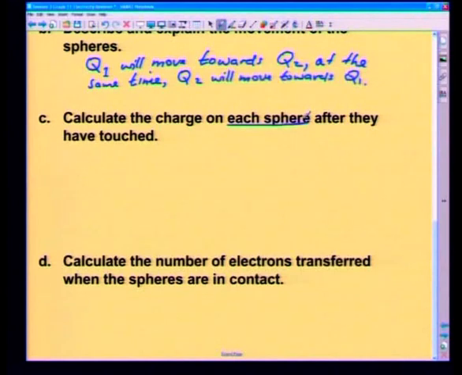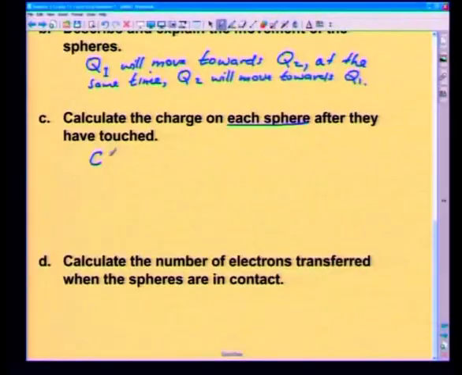So if we were to calculate the charge on each sphere after they have touched, we need to add the two charges together first and divide by 2 because we've got two spheres coming into contact with each other. The resulting charge will be given by Q1 plus Q2, divided by 2 because it's two spheres coming into contact with each other. If they were 3, we would use 3.